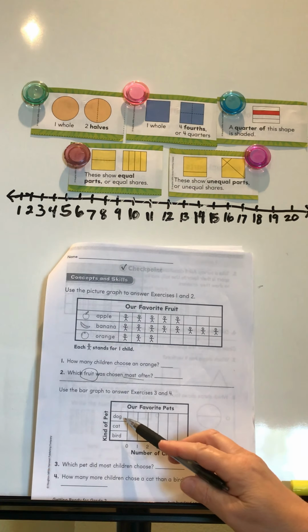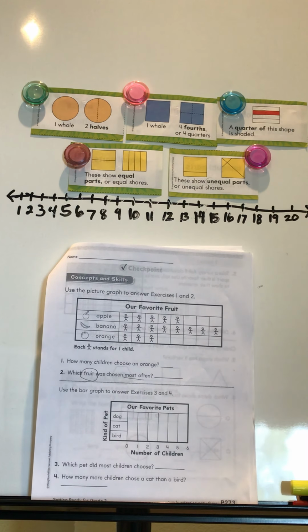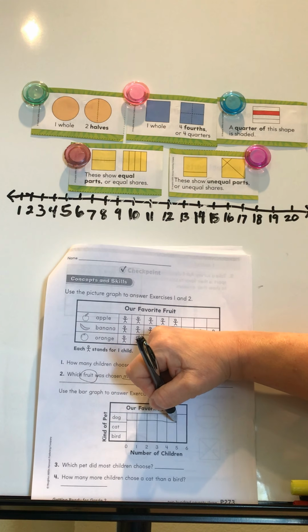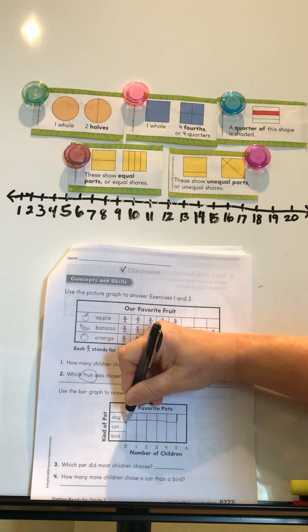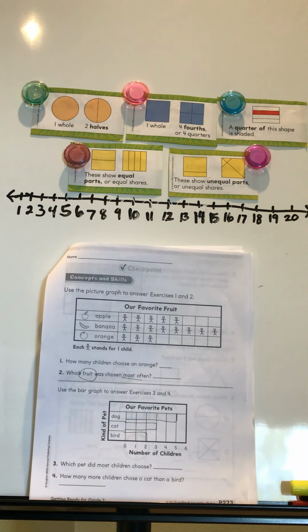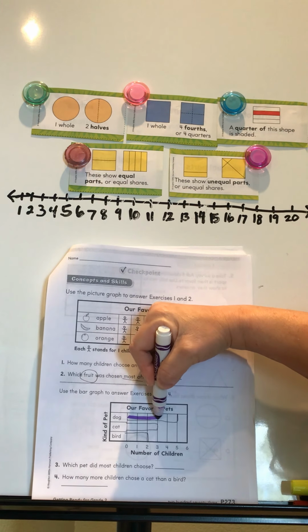Okay, so a bar graph, remember, has a bar. Now it's very light, so it's difficult to see, but I can see the dog goes all the way to here, the cat goes to here, and the bird goes to here. So if it helps, you can color that so you can see it a little bit better.